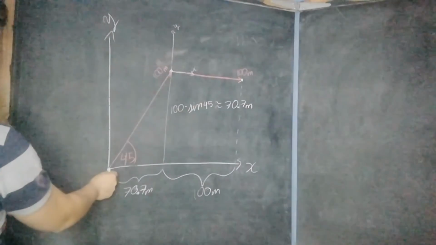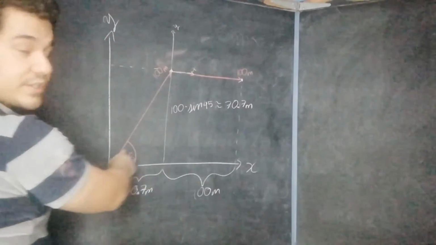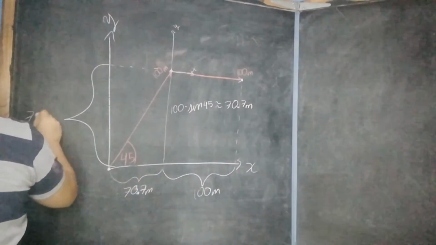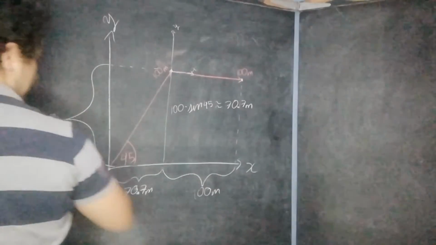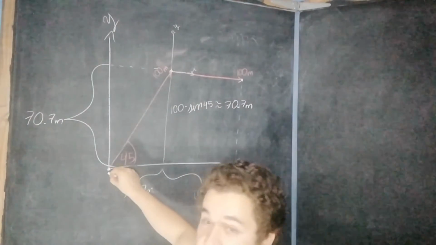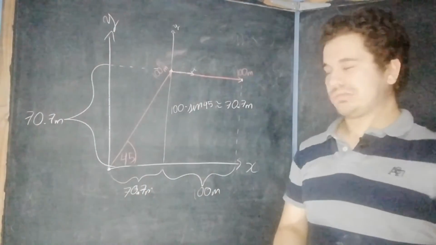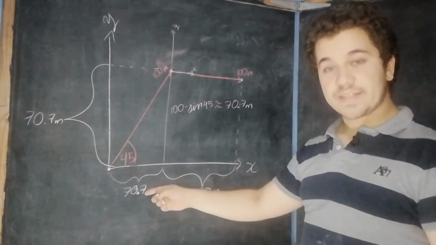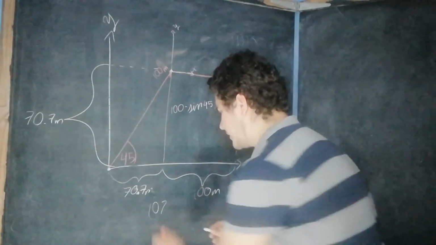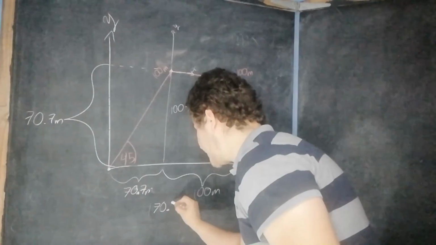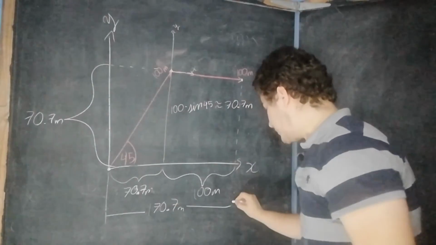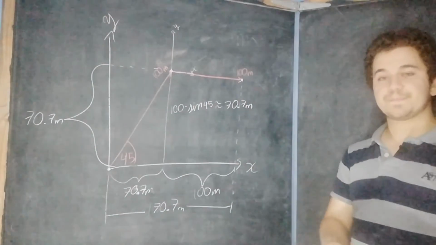So we know that this vertical component from the tail of the first vector to the head of the last vector is just equal to 70.7 meters. In the horizontal axis, we just add up these two, so we say that we actually moved 170.7 meters from here to the last position.